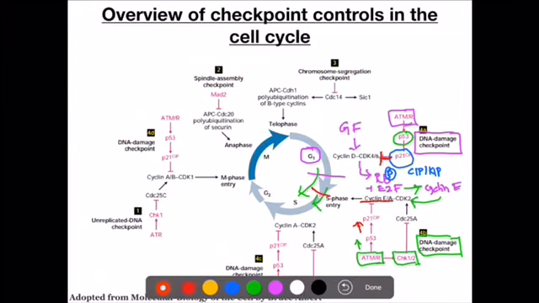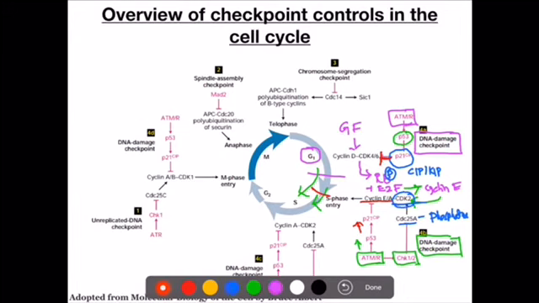Also, CHK1 and CHK2 inhibit this cyclin-CDK complex by inhibiting CDC25. This CDC25 is a phosphatase. This phosphatase is required for removing inhibitory phosphates at tyrosine 15 and threonine 14 of the CDK protein.